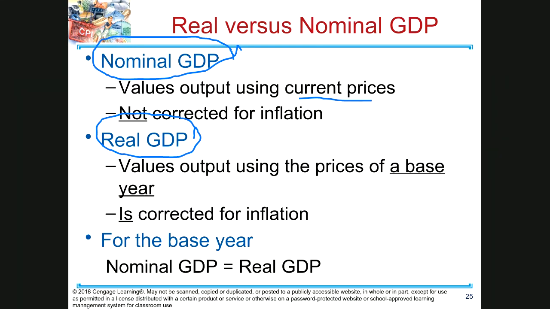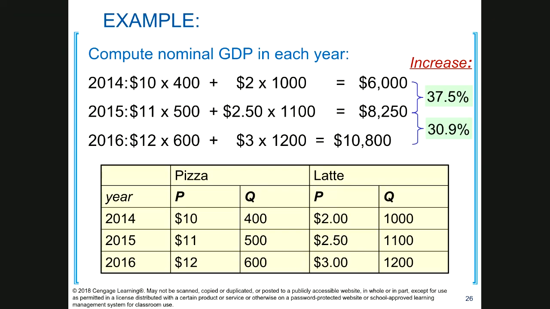Real is value of output using the prices of the base year, that we corrected for inflation. What do we mean by that? In the base year, real is equal to nominal. An example will probably make it clear for you.